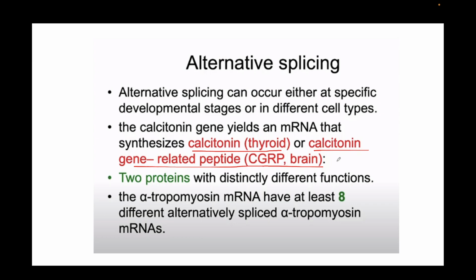One gene can produce two proteins: calcitonin, which has an important role in thyroid hormone balancing, and CGRP, which has a crucial role in the brain. So one gene produces two proteins with different roles in different parts of your body. This is a very good example of alternative splicing. You can remember it.